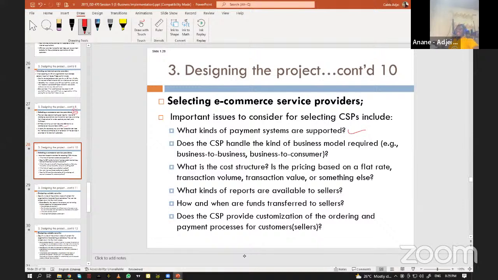Number two, does the CSP handle the kind of business model that you are doing? Are you doing a business to business model or business to consumer model, or what type of model?